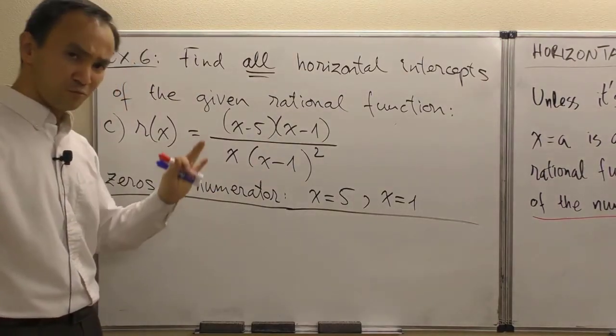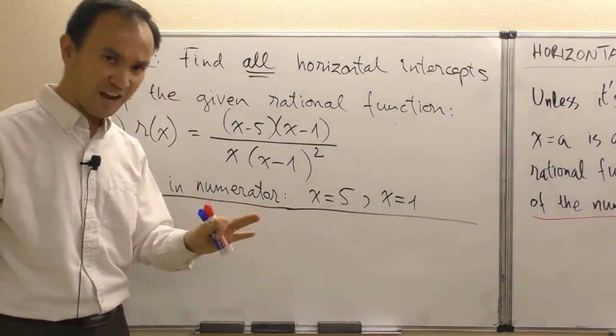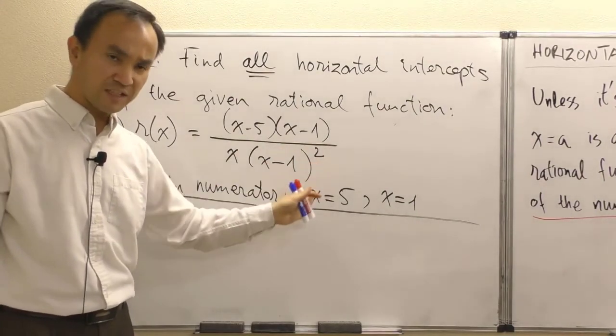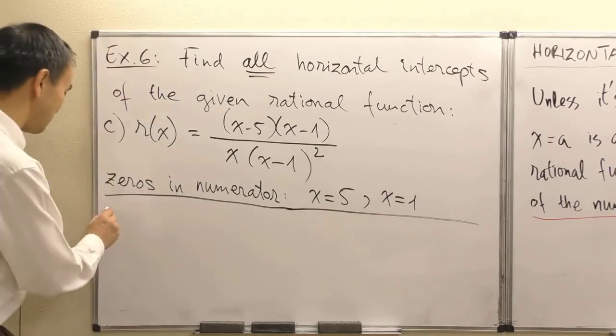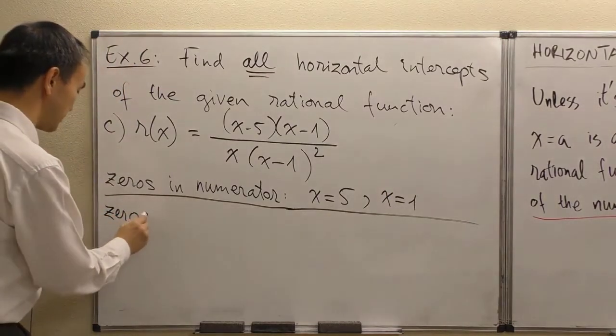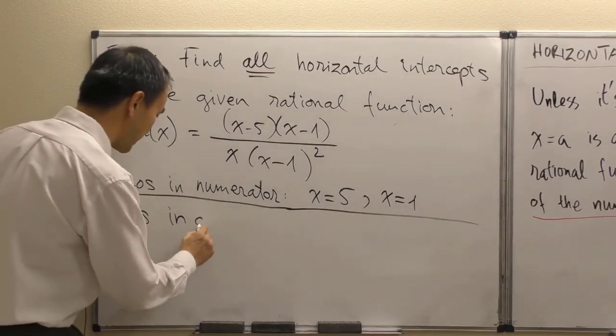But now, we're not going to conclude that, hey, these are our two horizontal intercepts. We have to see if any one of these gets filtered out or not. Okay, and so now we're going to look for zeros in order to filter out properly. We're going to look for zeros in the denominator.